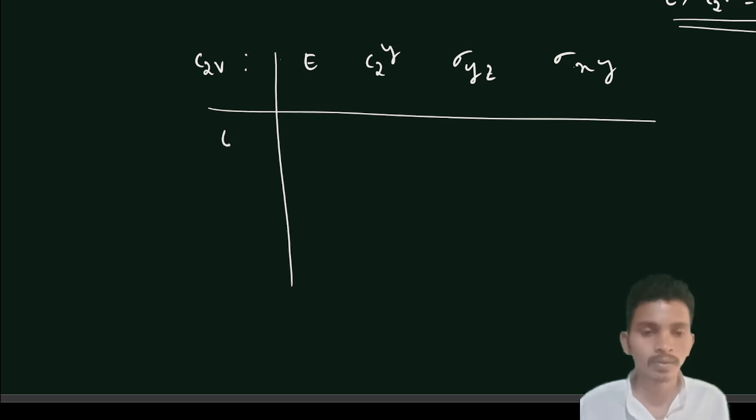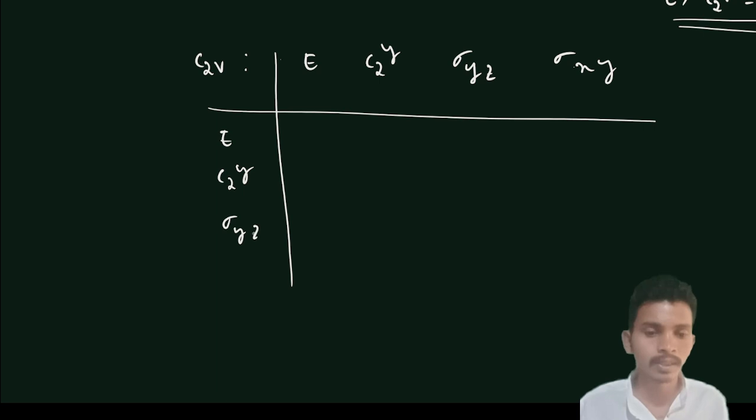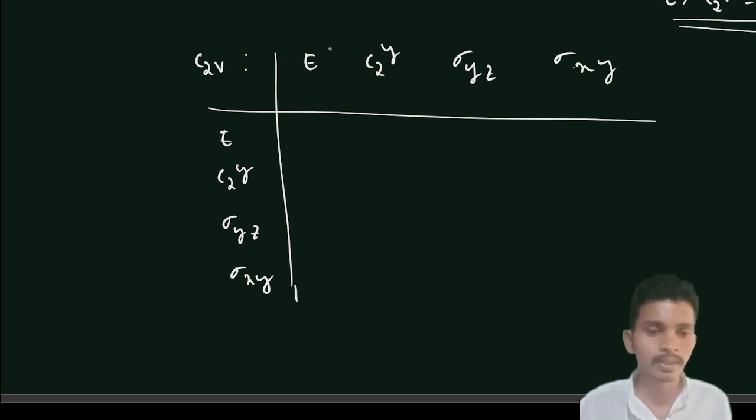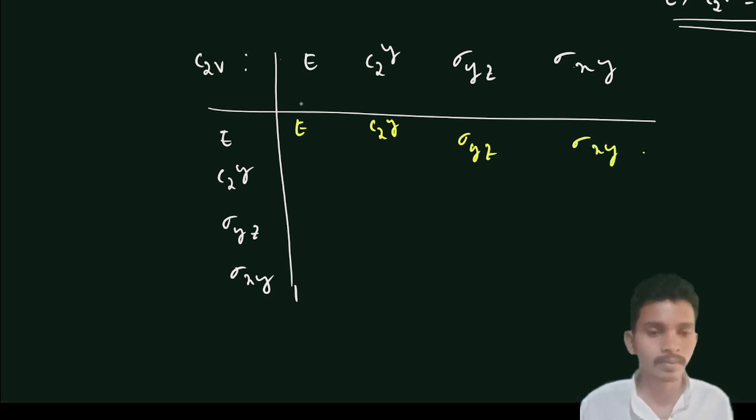So here also we will do E, C2y, CYZ and CXY. So this value will get the same, we have explained already. This will become E, this will become C2y, this CYZ, this one CXY, so sigma xy, and this will again be the same C2y.